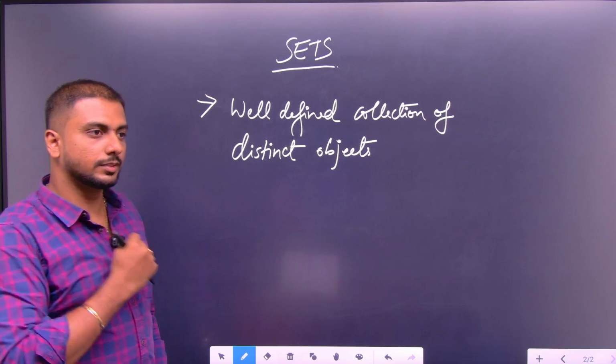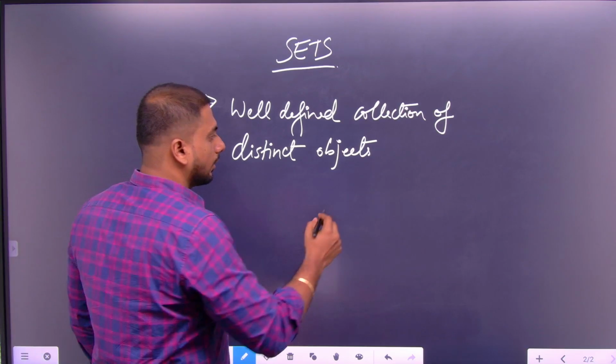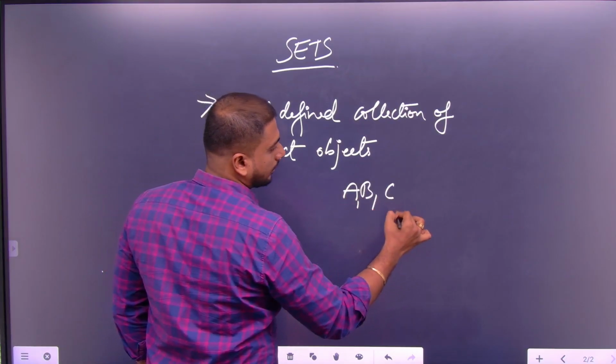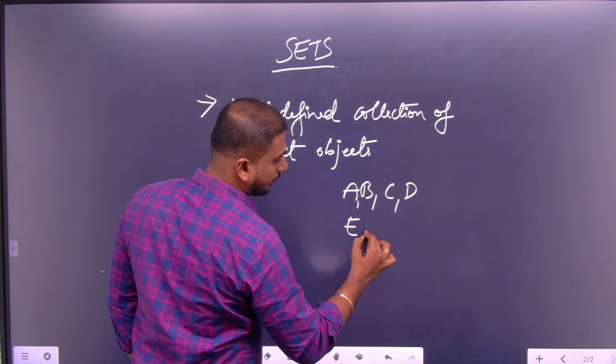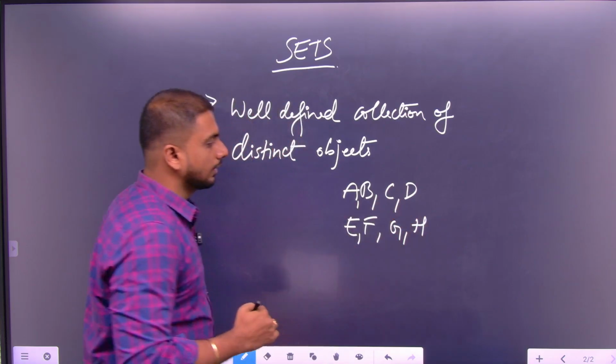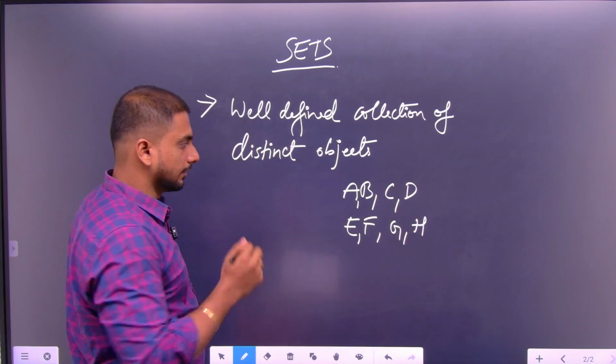Let's assume there is a classroom of 8 students. Let them be named A, B, C, D, and E, F, G, H. There is a reason that I have written the 4 in bifurcation like this.